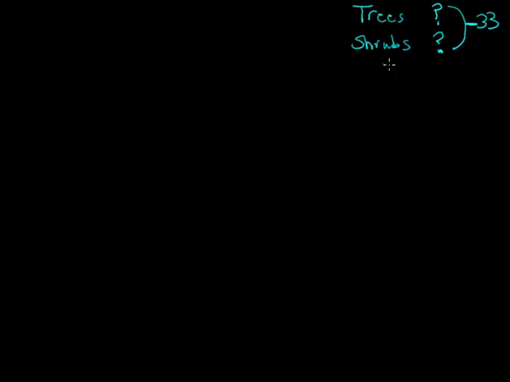So I'm going to play the game. It's the same game we did with the mixing formulas. I'm going to say, hey, my trees, I want T. That'll be my variable T, trees. That means that T and the number of shrubs have to equal 33.